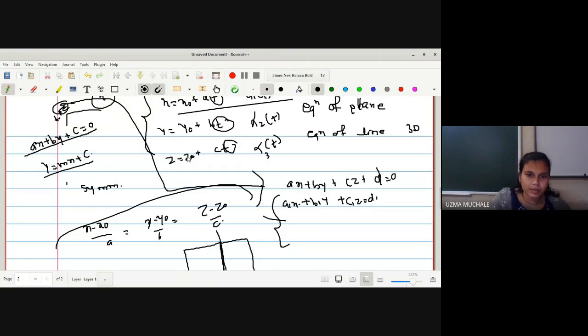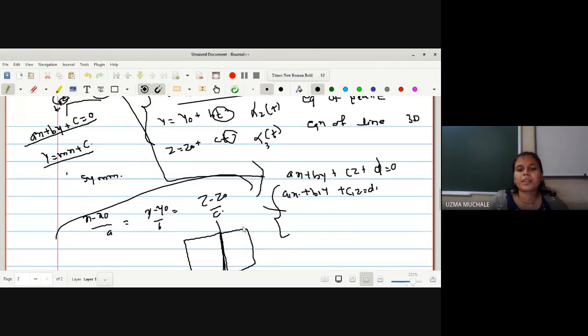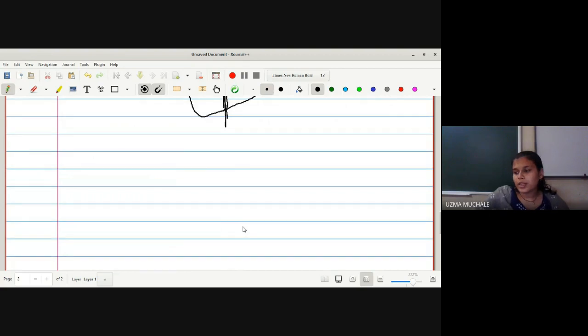This is the parametric form and this is the symmetric form. With the help of only two things provided to us, a point on the line and the direction vector, is it so difficult for us to do this?